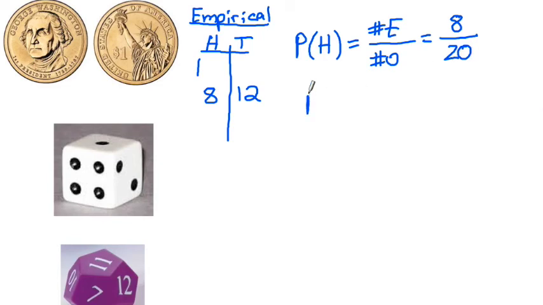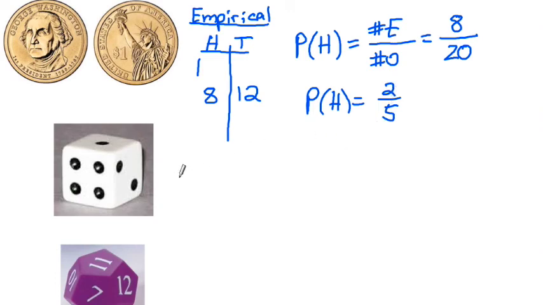So the probability of landing on a head, empirically, is turning out to be, let's see, 4 goes into both of those, 2 out of 5. It leans a lot towards tails, so our probability of getting a head is less than a half. Now, if this number was 2.5, we would have a half. So it's really close. It's just not exact.